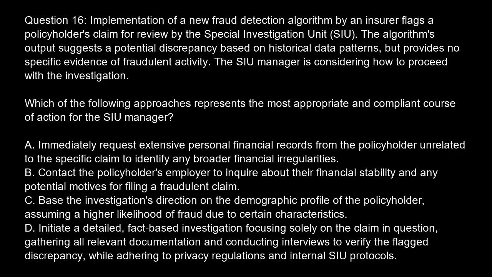Option C. Base the investigation's direction on the demographic profile of the policyholder, assuming a higher likelihood of fraud due to certain characteristics. Option D. Initiate a detailed, fact-based investigation focusing solely on the claim in question, gathering all relevant documentation and conducting interviews to verify the flagged discrepancy, while adhering to privacy regulations and internal SIU protocols.